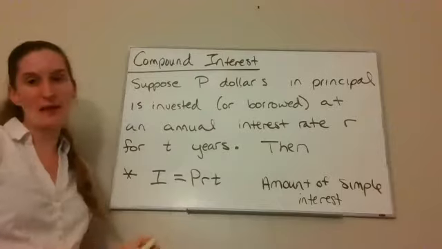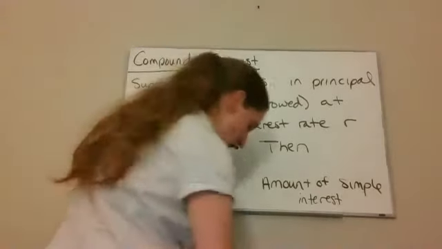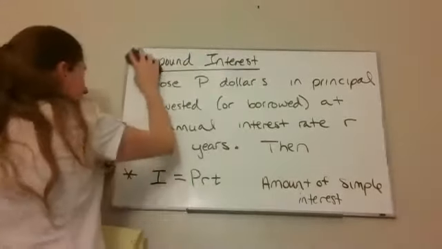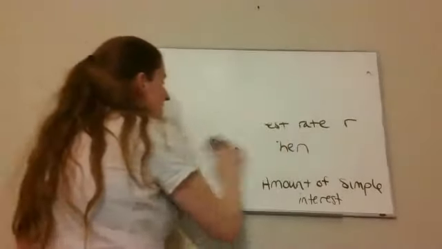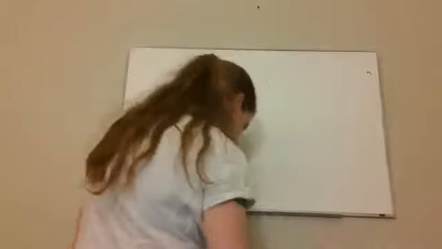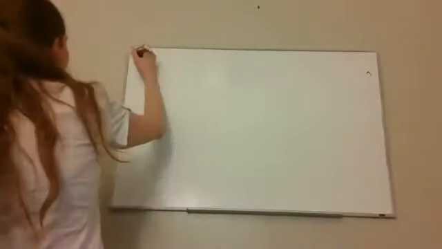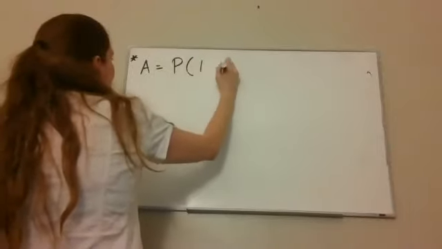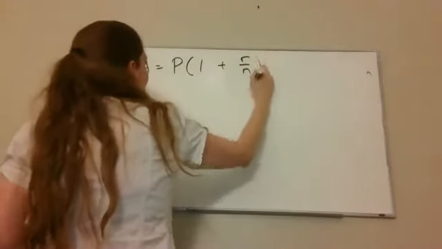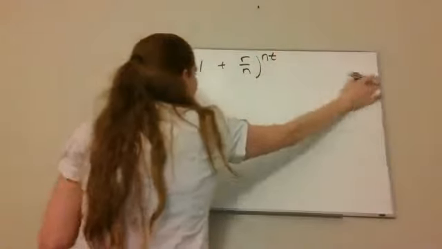The ones we care more about are the next two formulas, which we use with compounding interest. So the formula A equals P times (1 plus R over N) to the NT power.